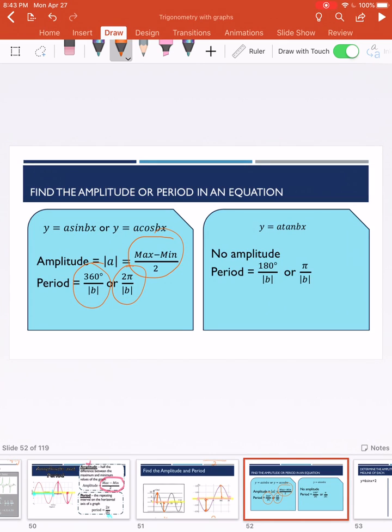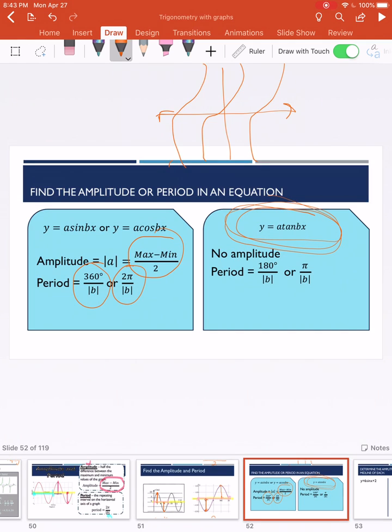We don't really look too much into tan. The only thing that you will probably notice with tan is that it will have a different period. When we graph tan, this is kind of what the tan graph looks like.